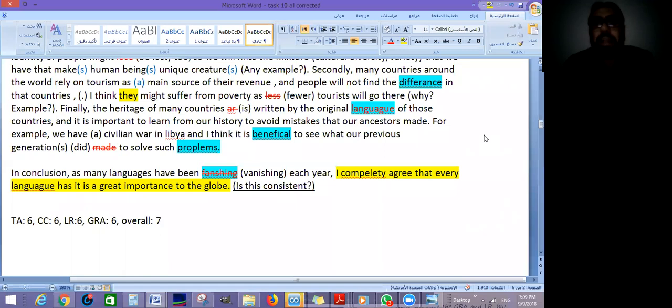That way we clearly have a presentation of the opinions within the body of the text, and we avoid getting a band 5 for task achievement. I'm saying this because different examiners have different opinions about this. When you go to the exam, you do not know who's going to be correcting your paper. So I always go for the safer approach, and I think that is including your opinion within the body of the text.